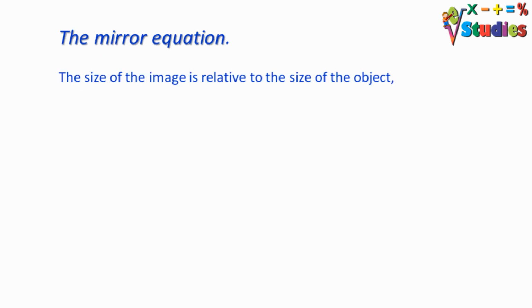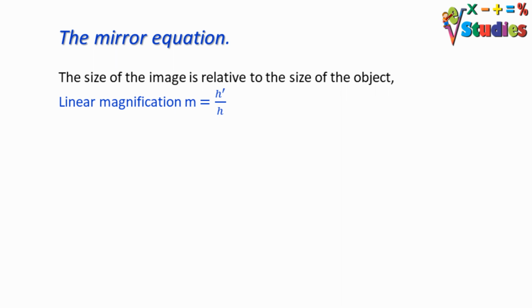As you would know, the size of the image is relative to the size of the object, which is also important, and we need to consider it. If I want to find the ratio of the image height to the object height, I would call it linear magnification, and denote it as m.